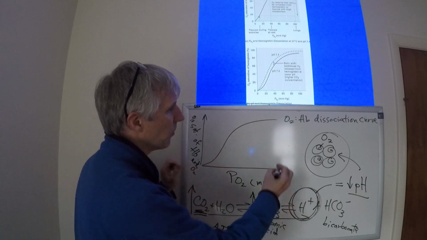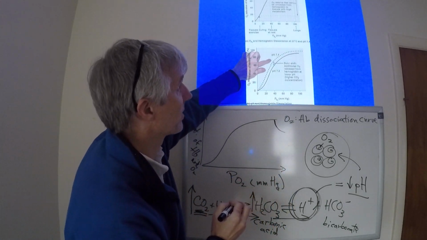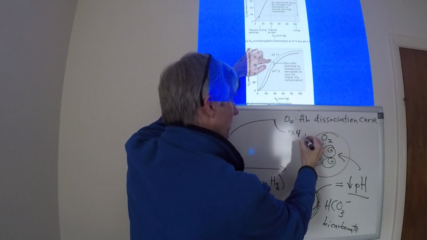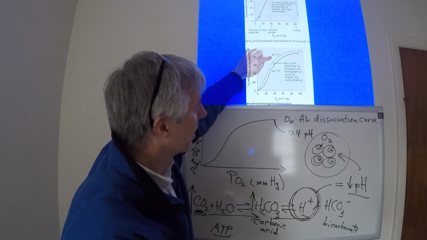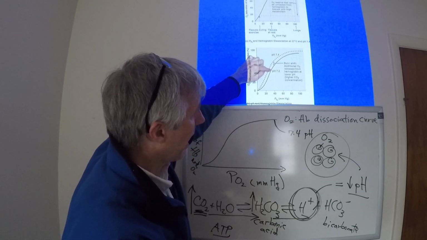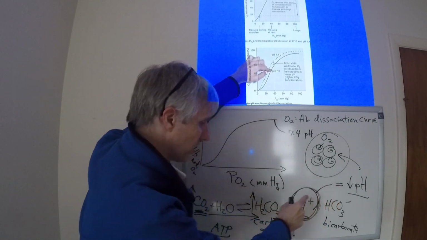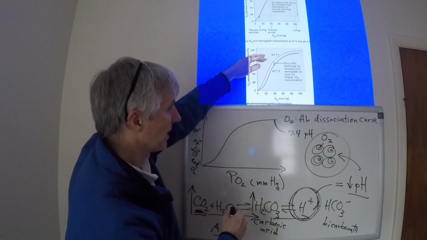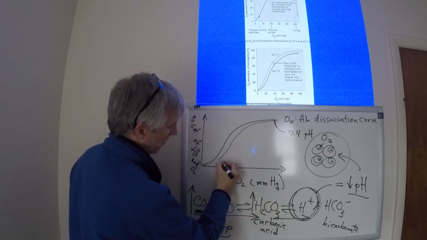So at a typical pH, let's call this typical pH right here, 7.4, pH of 7.4, and now locally in this tissue, I have a pH of 7. The pH has dropped because I produced more CO2 in that area. The pH is dropping. That's going to change the shape of the curve.